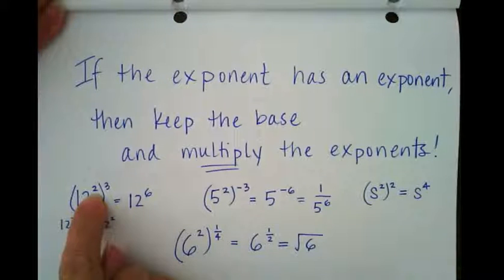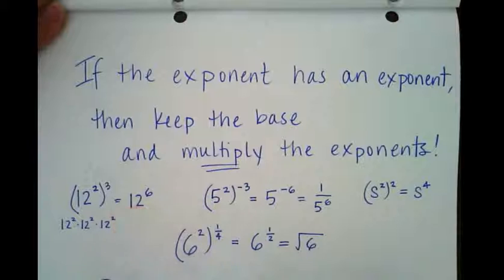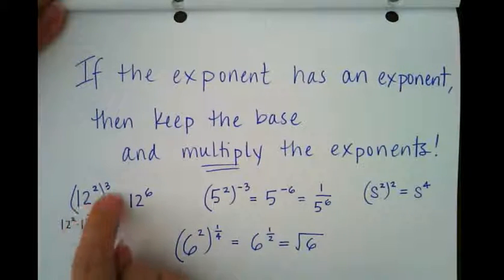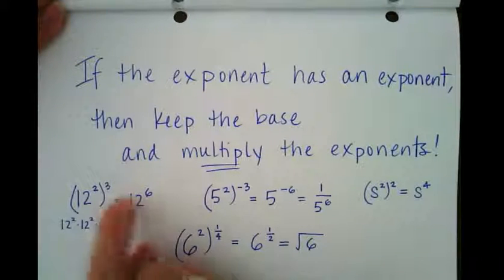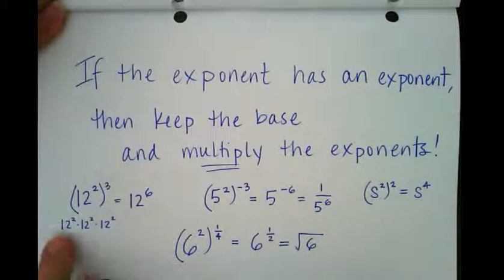So we have an exponent that has an exponent, so we multiply, and that would be 12 to the 6th. Just to explain it another way, if we want to think of what this means, this 3 tells us that we need to multiply 12 to the 2nd 3 times. So we have 12 to the 2nd times 12 to the 2nd times 12 to the 2nd, and all of that becomes 12 to the 6th.